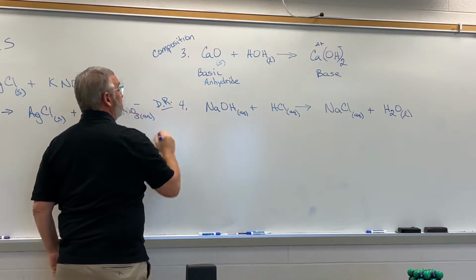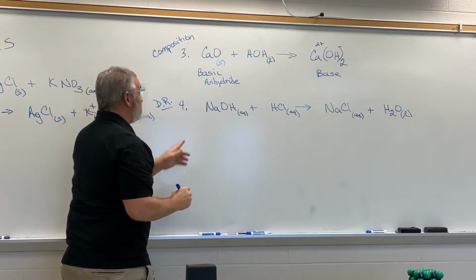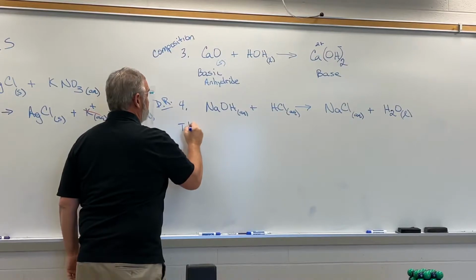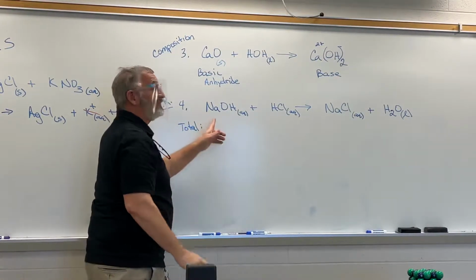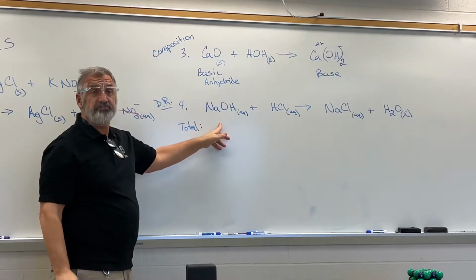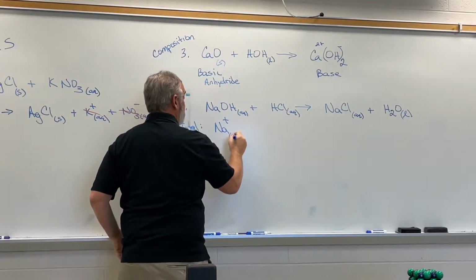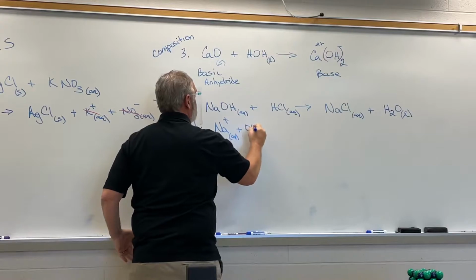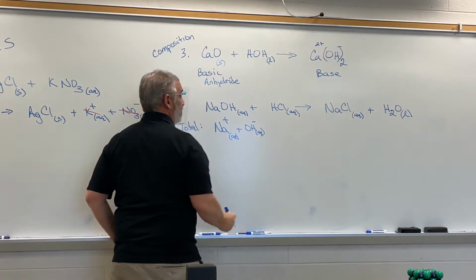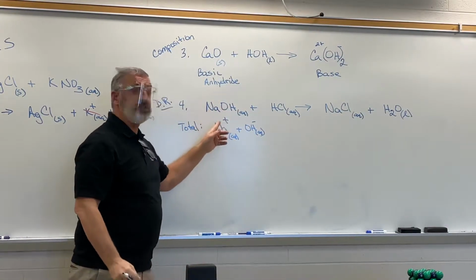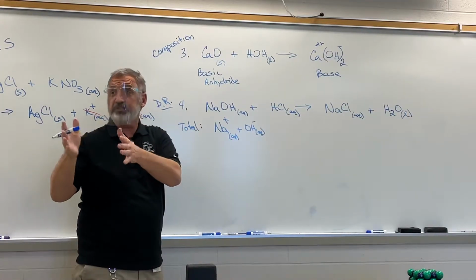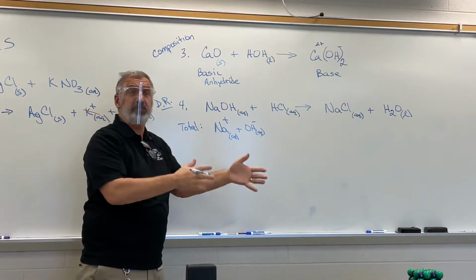Now, this is what type of reaction? Double replacement, right? So, let's just do a total and net again for this one. What's this going to dissociate into? Na plus and OH minus. Notice I'm putting the charges because they're, quote, ionic equations by definition. An ion is a charged particle.